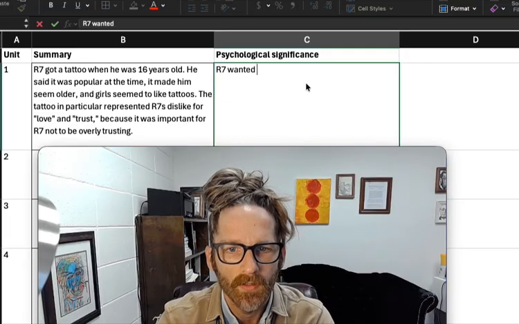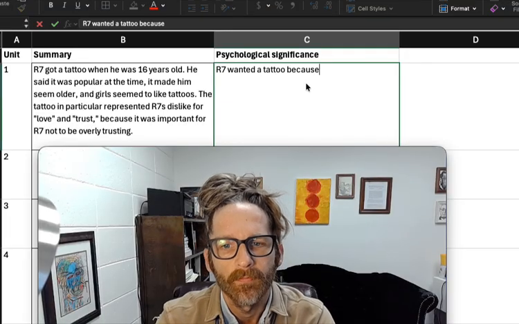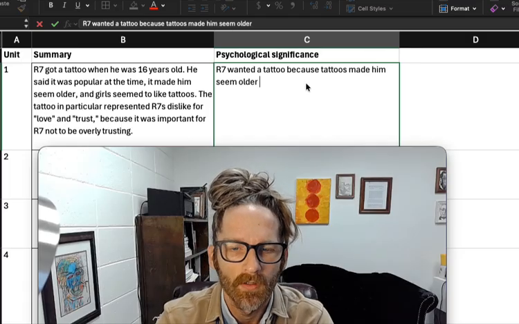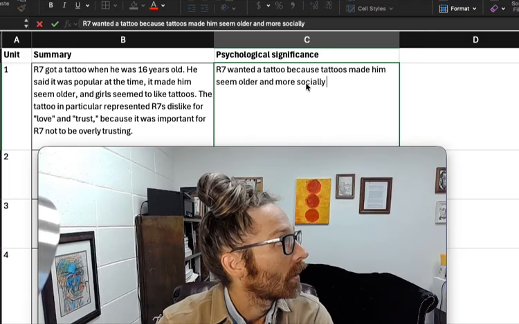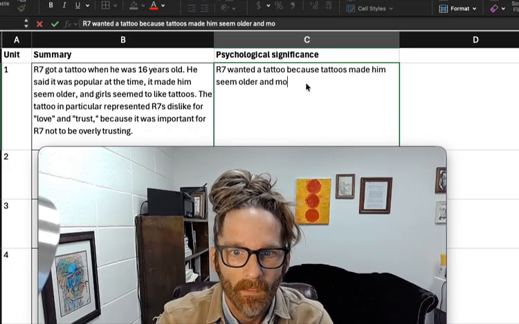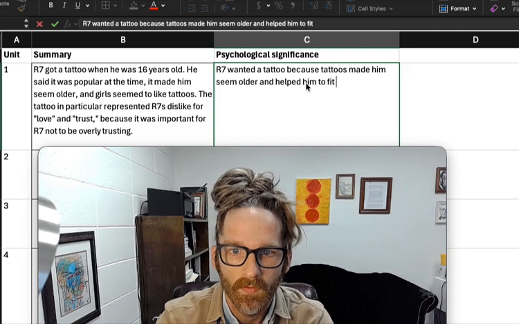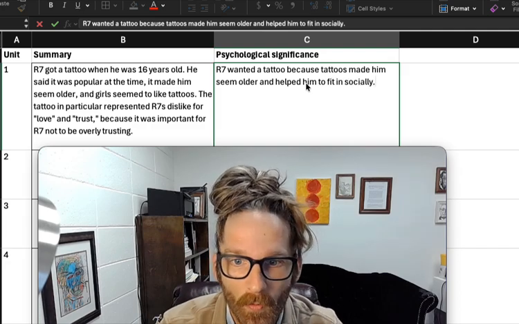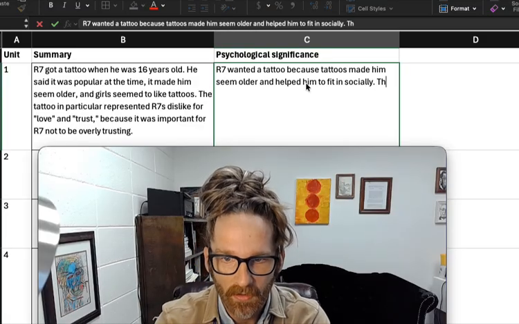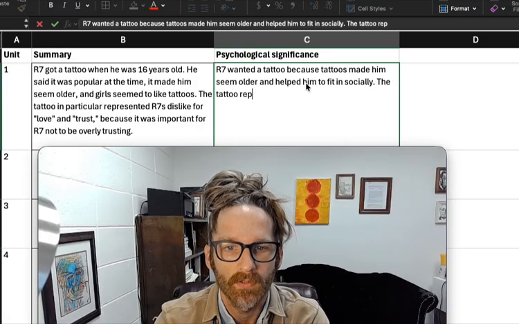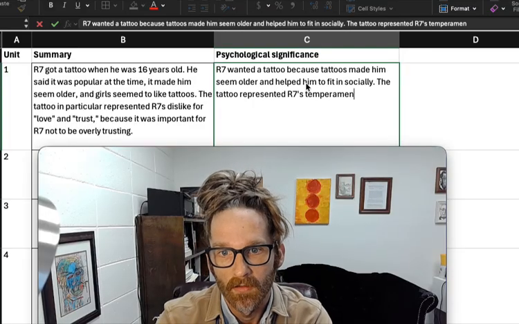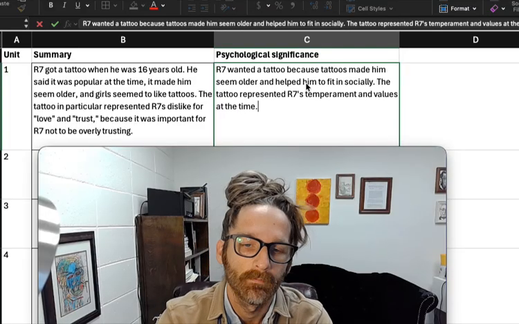R7 wanted a tattoo because tattoos made him seem older and helped him to fit in socially. So we have both of those. There's developmental context and the social context. The tattoo represented R7's temperament and values at the time.